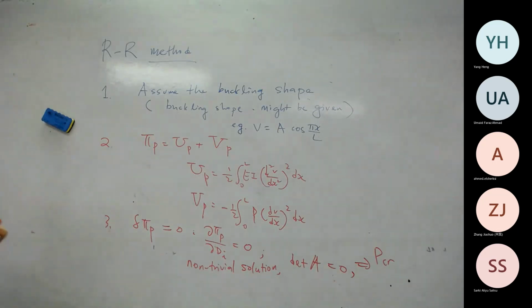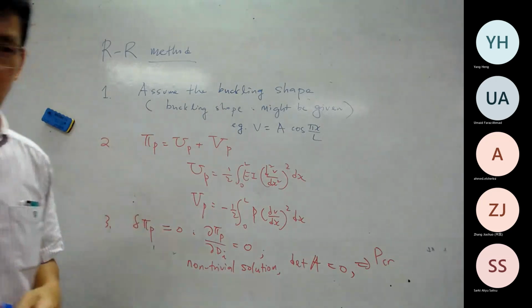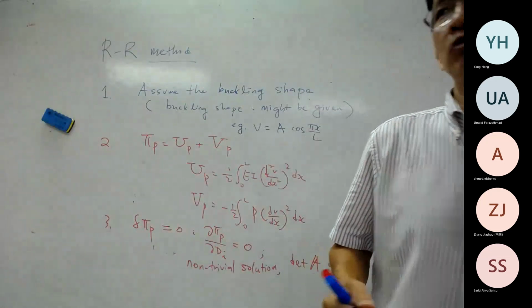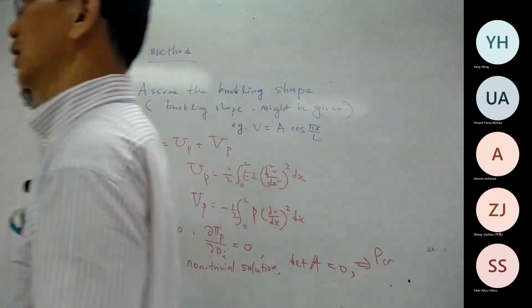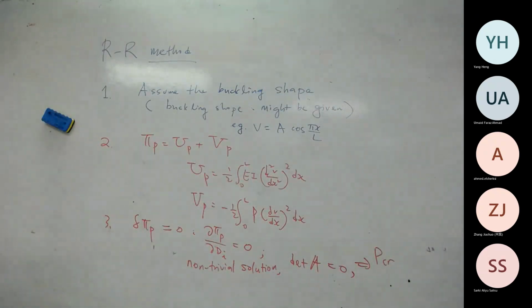So the Rayleigh-Ritz method is basically, I think, very straightforward. The only thing you need to be familiar with is differentiation and integration.